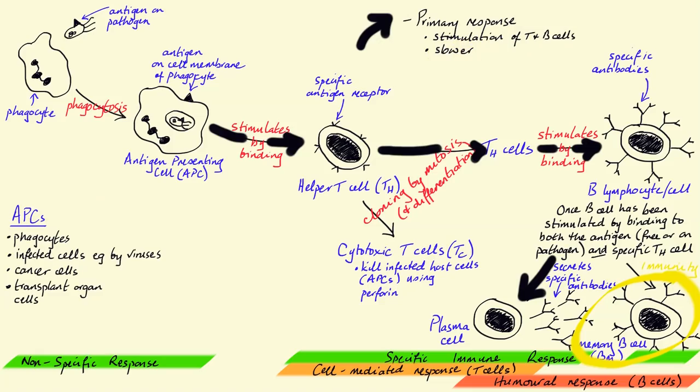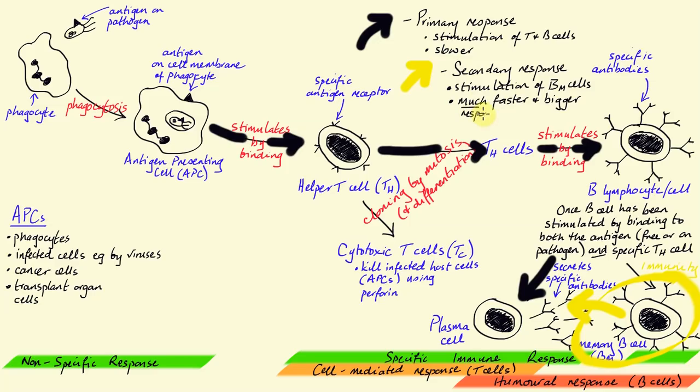Whereas the secondary response is a single-step response of the memory B cells being stimulated to turn into plasma cells, and they cause the secretion of antibodies much more quickly than the primary response, and they cause the secretion of many more antibodies. I'm really hoping that that clarifies the whole immunity response.